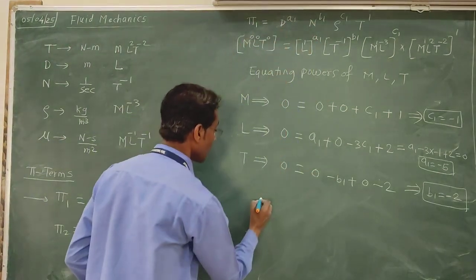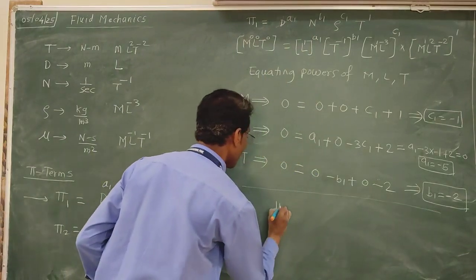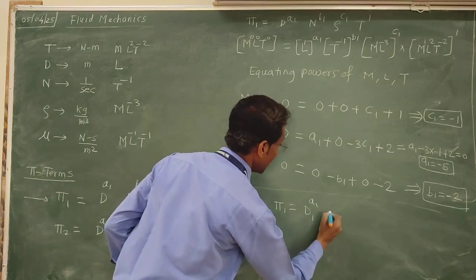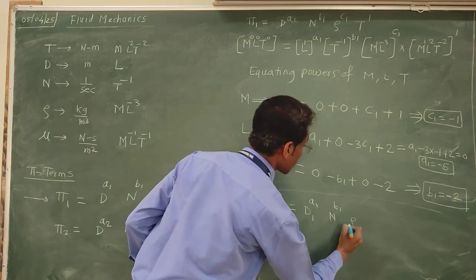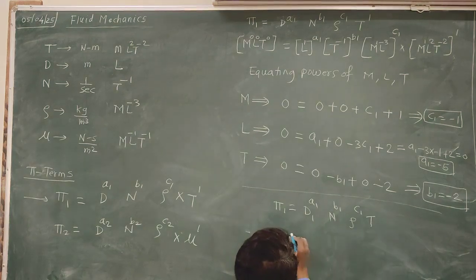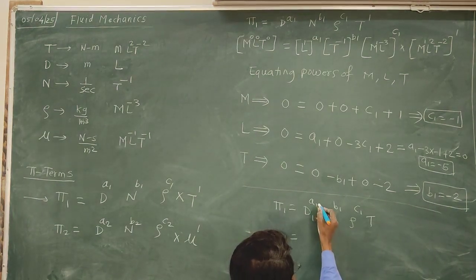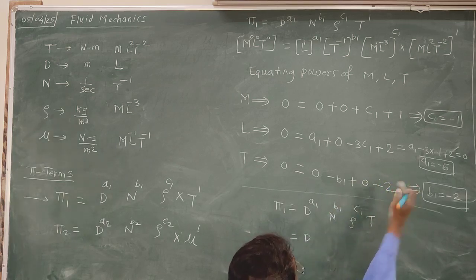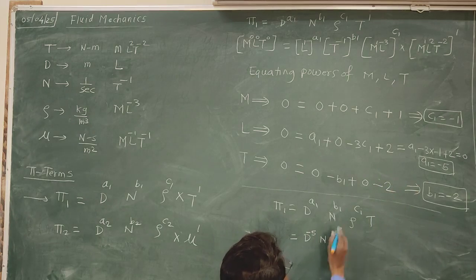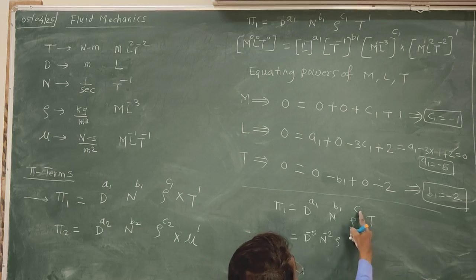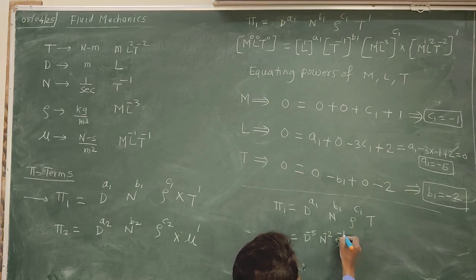Write the base form: Pi 1 is equal to d raised to A1, N raised to B1, rho raised to C1 into T. Putting the values: D raised to A1, A1 is minus 5. N raised to B1, B1 is minus 2. Rho raised to C1, C1 is minus 1.